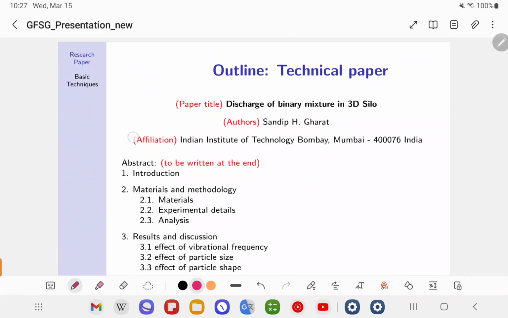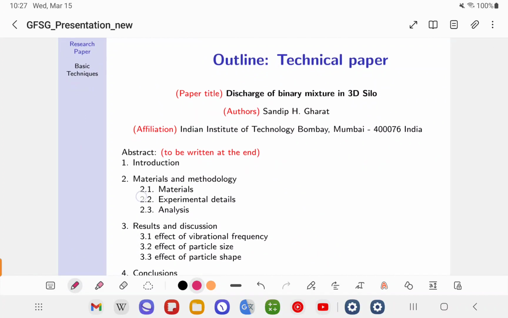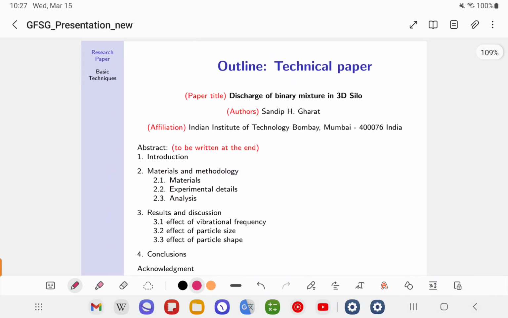So we'll see one by one. This is the outline of the paper.